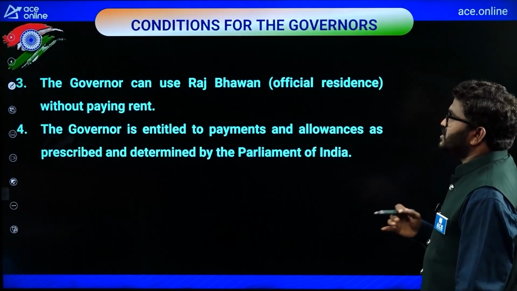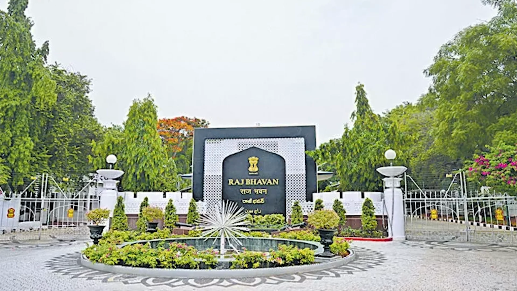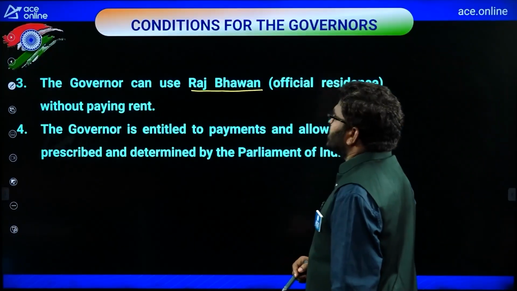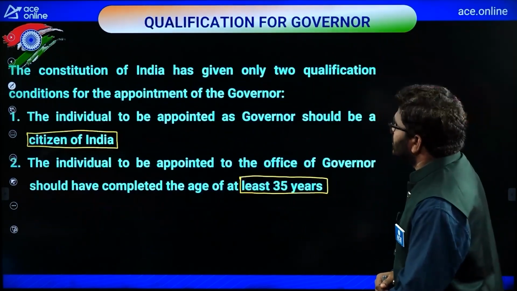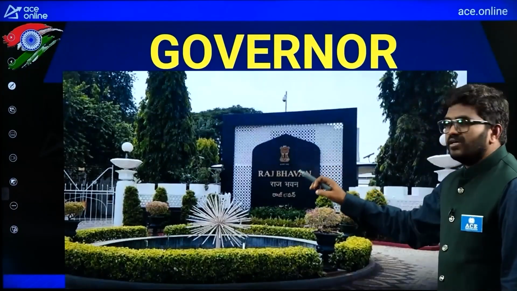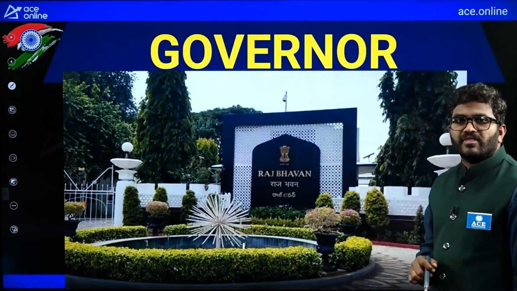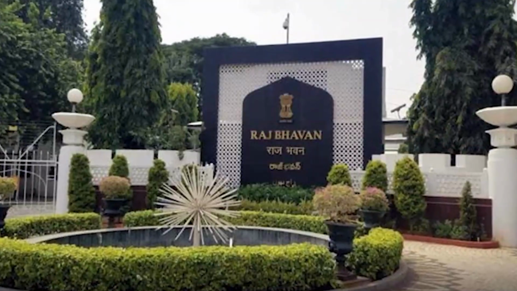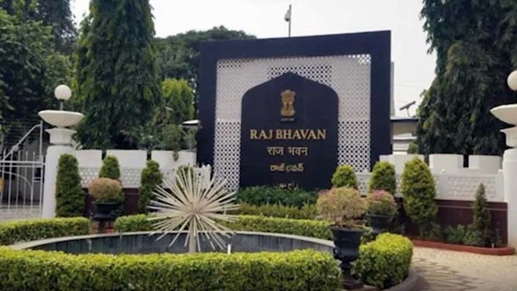Now see here, another 2 conditions. The governor can use Raj Bhavan as an official residence without paying rent. Now you can see the Raj Bhavan in Telangana, you might be familiar. So the governor stays here. So he can use that Raj Bhavan without paying any rent. It is an official residence.